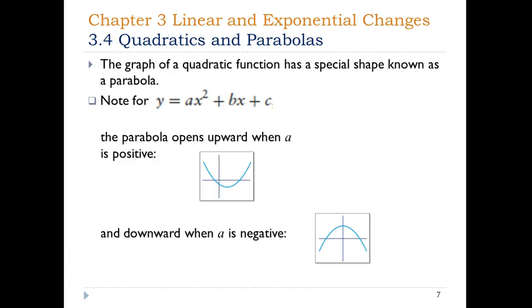The graph of a quadratic function has a special shape known as a parabola. Note that y is equal to ax squared plus bx plus c. The parabola opens upward when a is positive, and downward when a is negative.